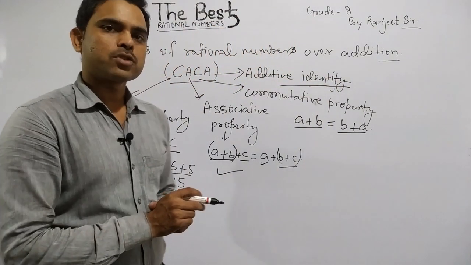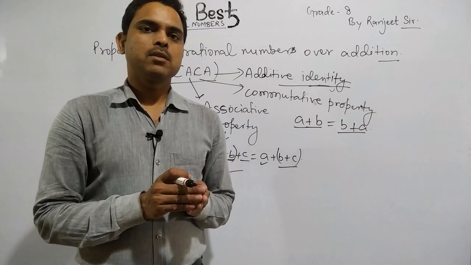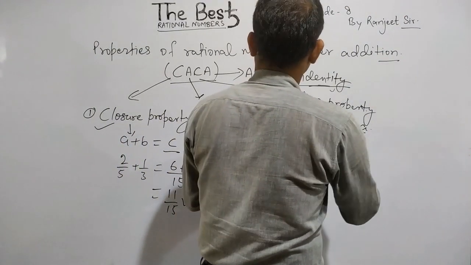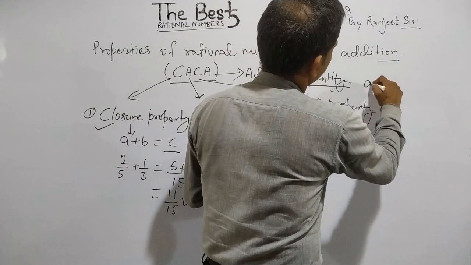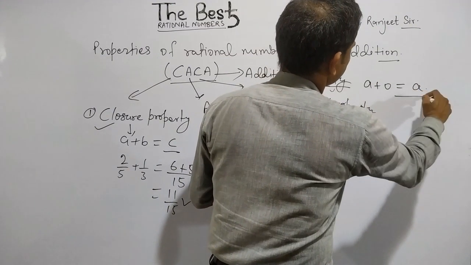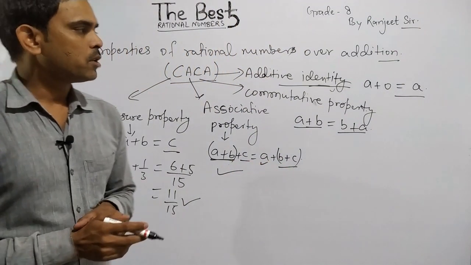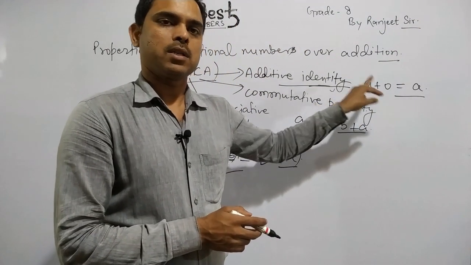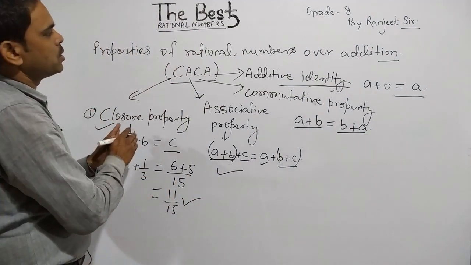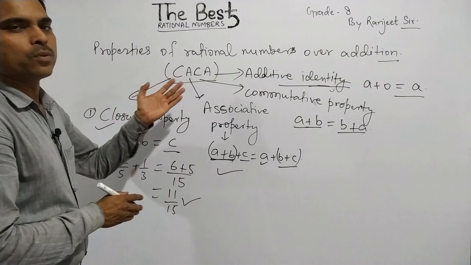Identity means it should not be changed, meaning the value of that rational number should not change. If I add a with 0, it will always be a only. So there will be no change in the rational number. So this was everything about the properties of rational numbers over addition.